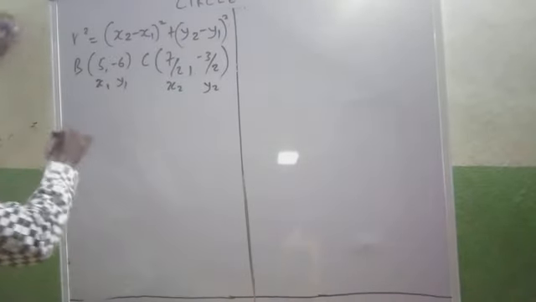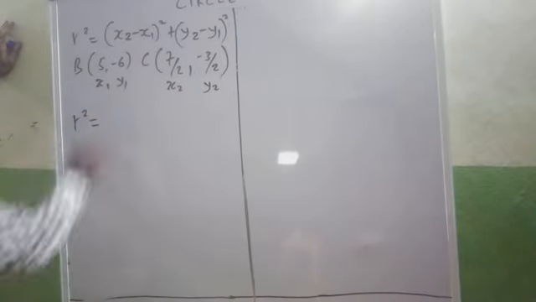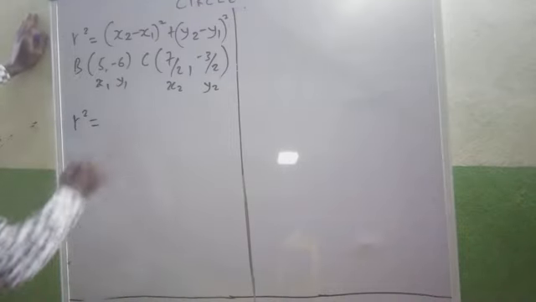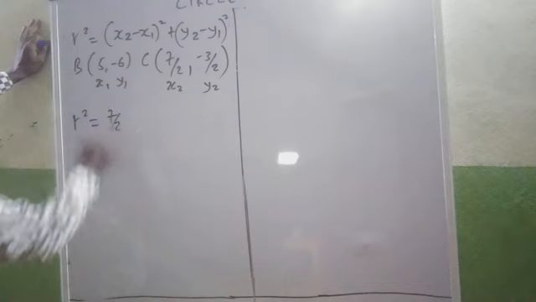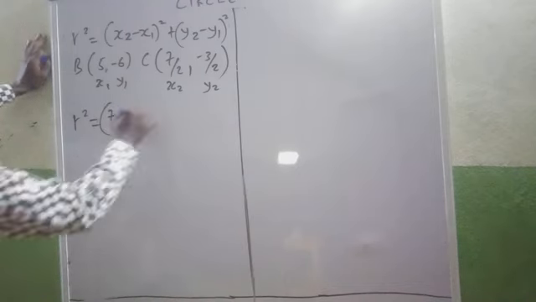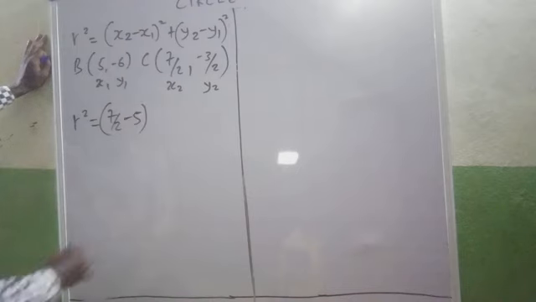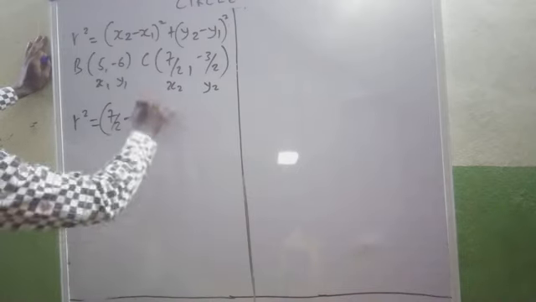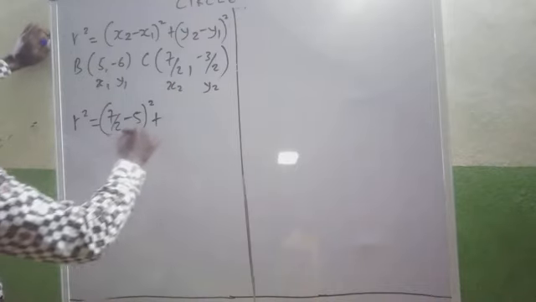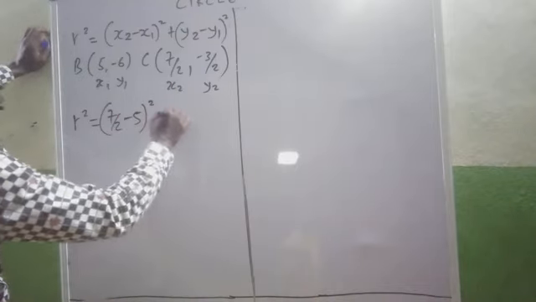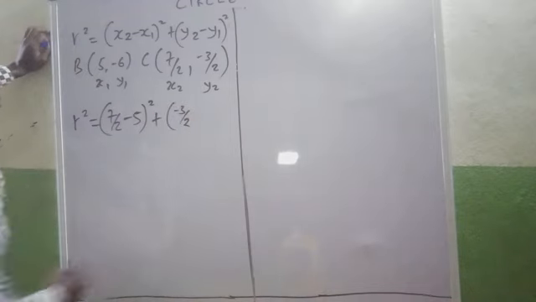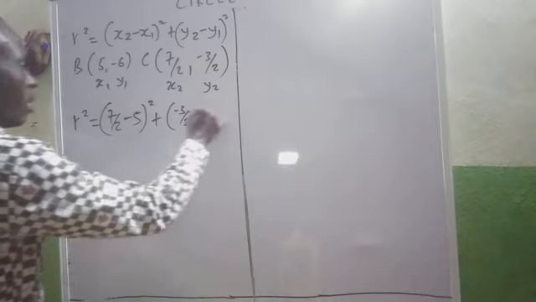So substituting into the formula, r squared will be equal to x2, here 7 over 2, minus x1, which is 5, all squared, plus your y2, which is minus 3 over 2, minus your y1, which is minus 6.